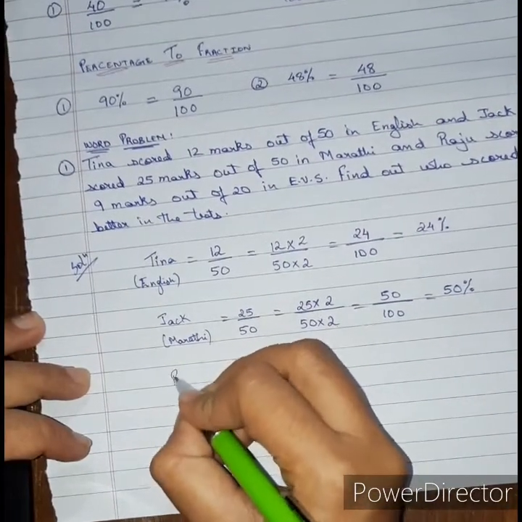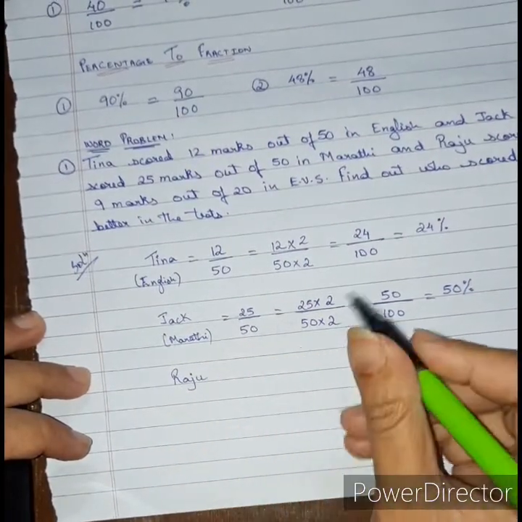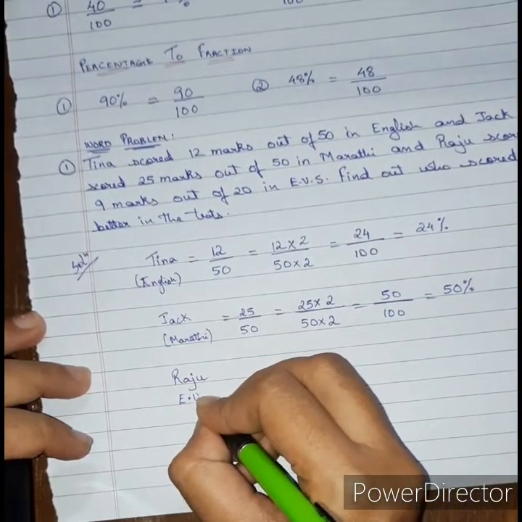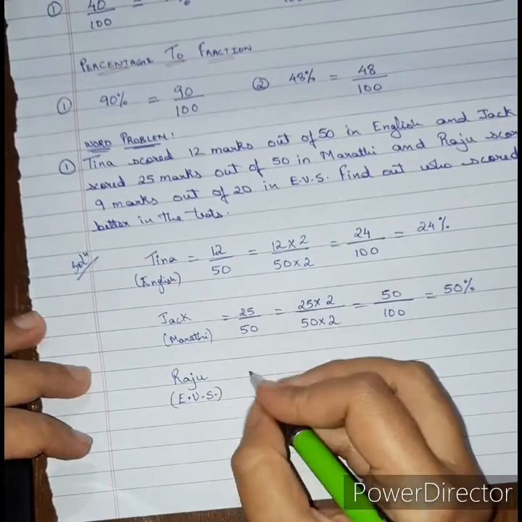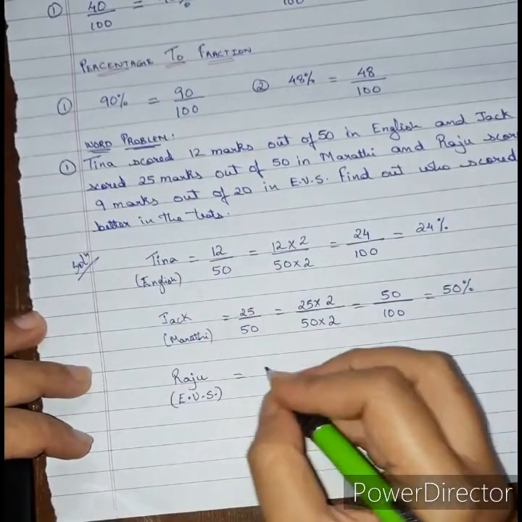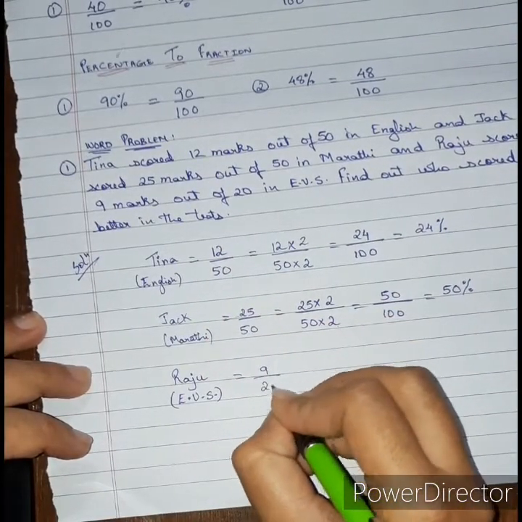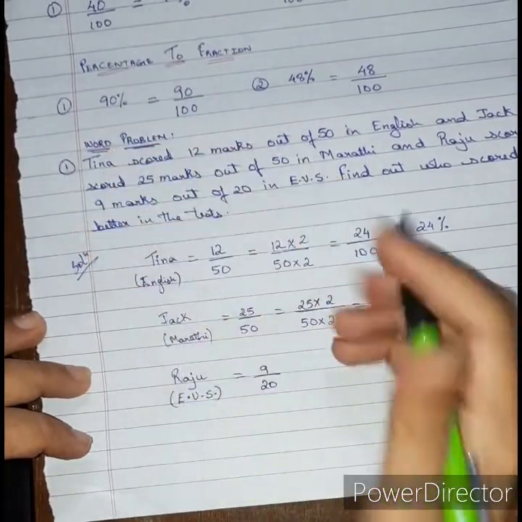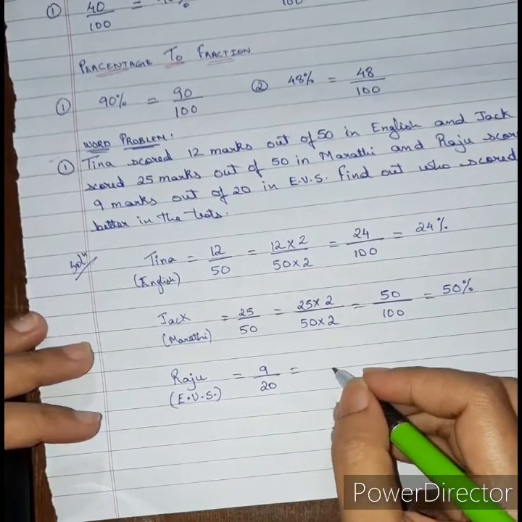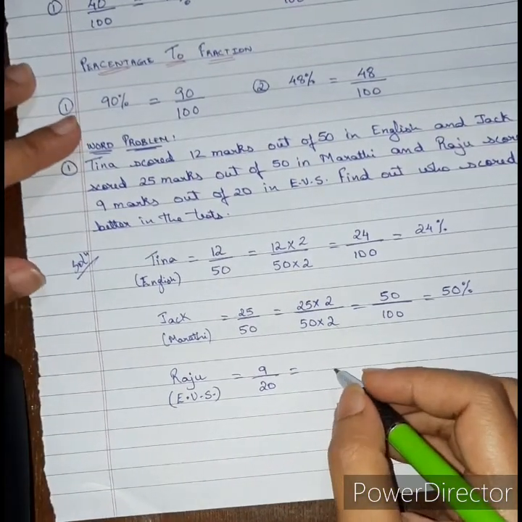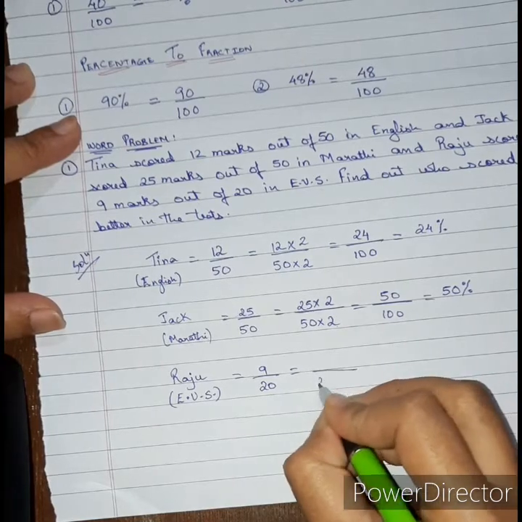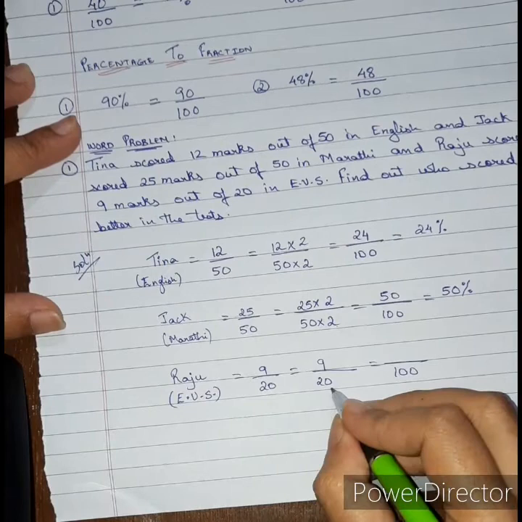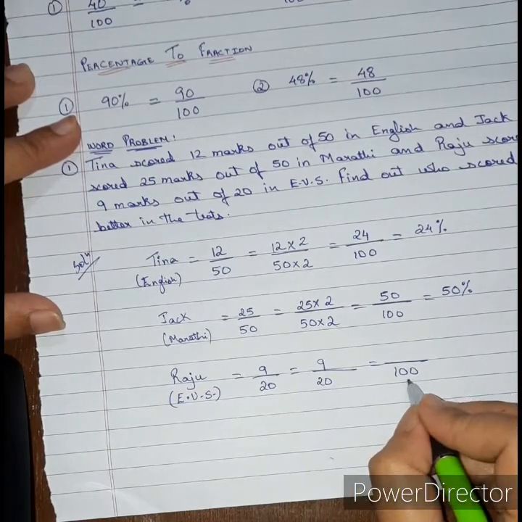So we will write Raju has scored in EVS. How much marks? 9 out of 20. First write the marks. 9 out of 20 marks. Okay, then we will write here 20 and 9. Now we have to multiply 20 with a number such that it gives you 100.